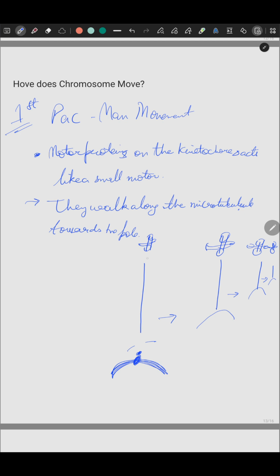This is a microtubule here, it attaches to this chromatid. Now we can think of it like this chromatid is eating the microtubule. What is happening is breakdown of microtubules, or we can say depolymerization. Slowly, it is eating the microtubule and reaching toward the pole.